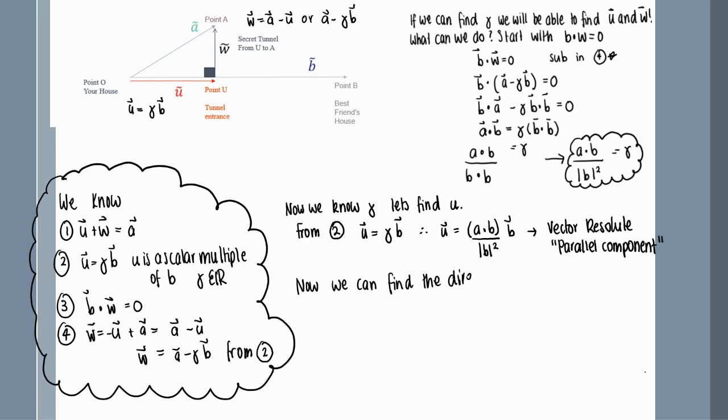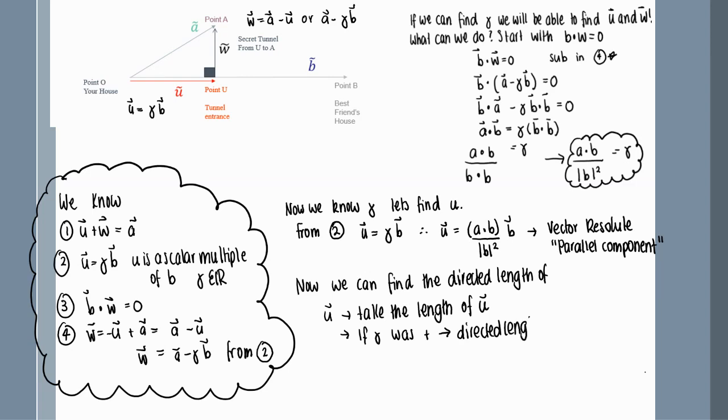From here, we can find the directed length of U. So we know how to find the length of U, because once we've computed U, we'll just take the length as usual, the square root of the first component squared plus the second component squared. But just notice, if our gamma is positive, then we put a positive sign, or our scalar resolute or our directed length will be positive.